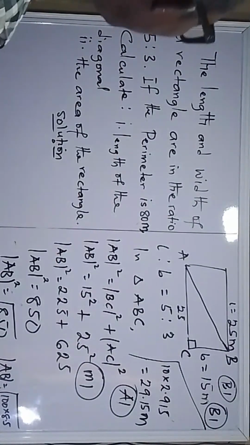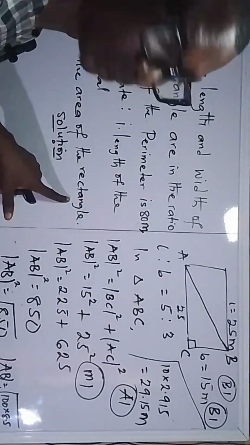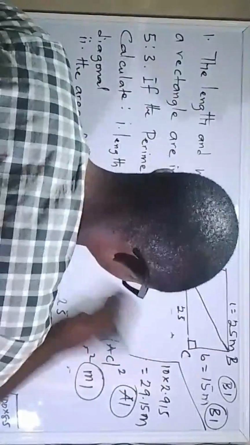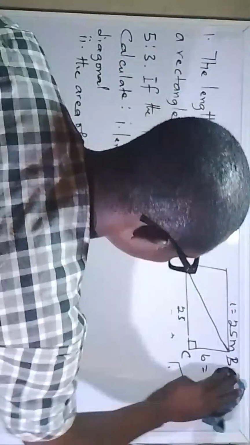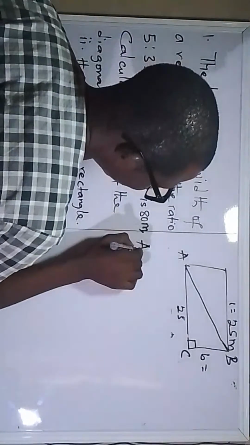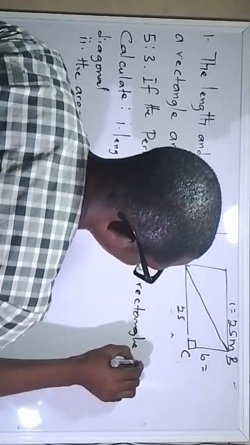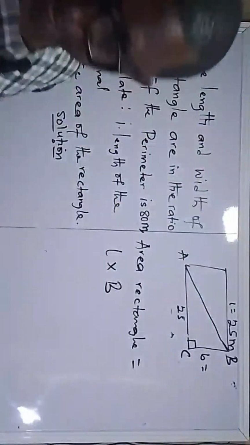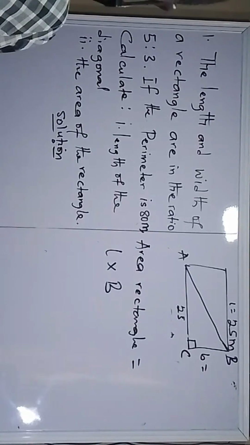All right, now let's look at the second part of the question. We have to find the area of the rectangle. So what's the formula for finding the area of a rectangle? The area of a rectangle is length times breadth, which is also the same thing as length times width.